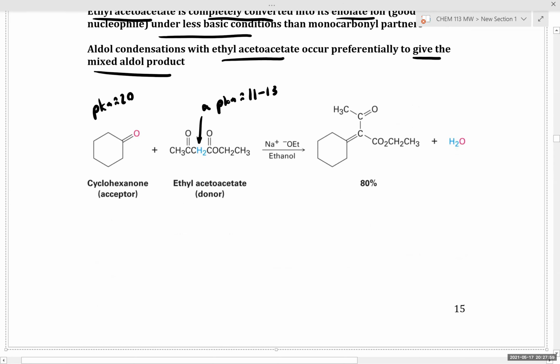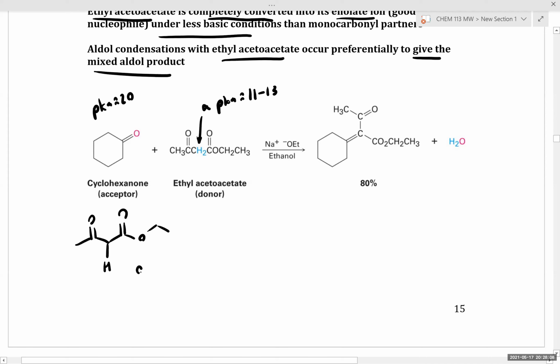And the reason why this works is if you have ethyl acetoacetate, for example, you're going to preferentially form the enolate of ethyl acetoacetate because this alpha proton's more acidic. And once we make this enolate, we won't see any competing proton transfer reactions.